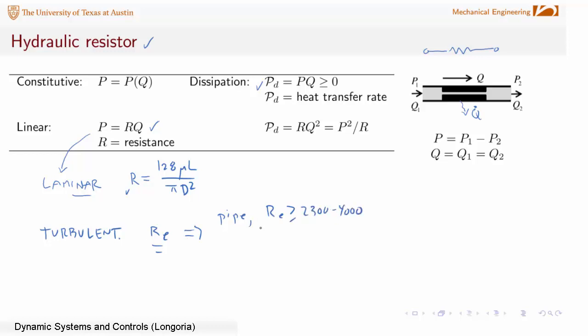So sometimes in a fluid system, you have to be checking the Reynolds number. If it trips to turbulent, then this constitutive relation is going to become nonlinear. I'll include some discussion problems or homework problems where you can investigate that. But now your constitutive relation between pressure and flow can become nonlinear.